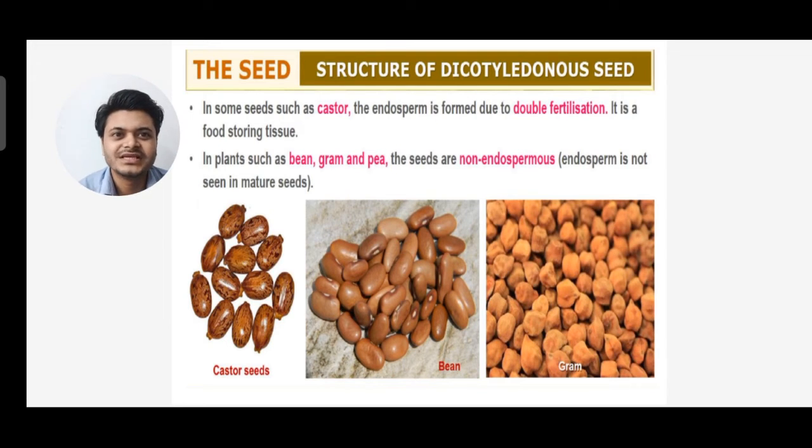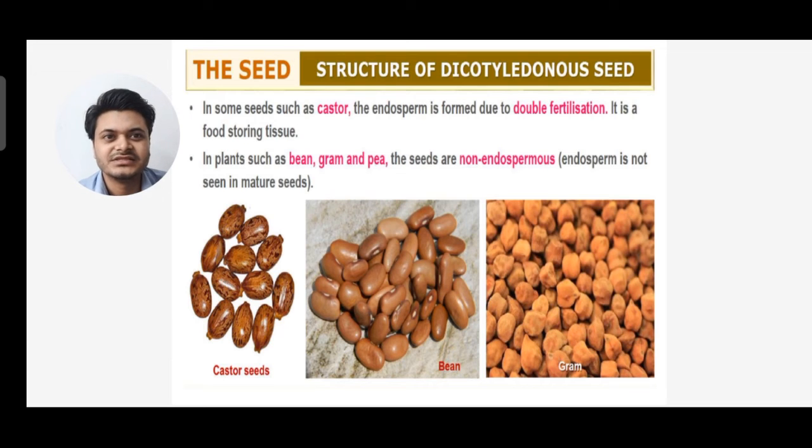In some seeds such as castor, the endosperm is formed due to double fertilization. It is a food storing tissue. In plants such as bean, gram and pea, the seeds are non-endospermic. That means endosperm is not seen in mature seeds.